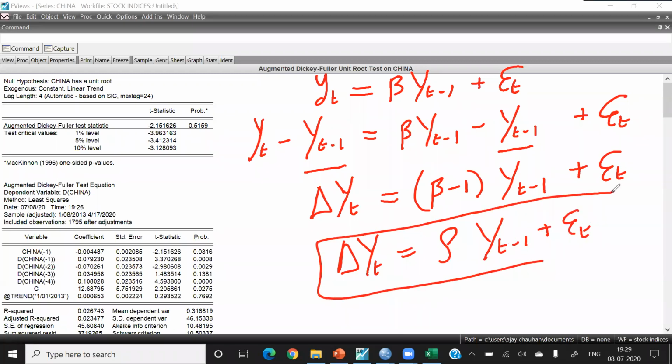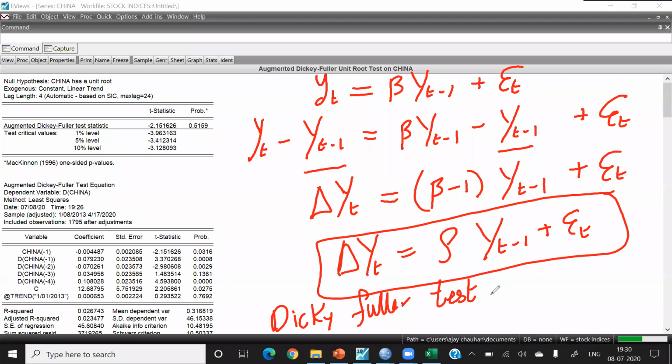You cannot believe that this equation is known as the Dickey-Fuller test. Dickey-Fuller became famous after giving this equation, and initially the null hypothesis is that rho is equal to 0, because whenever rho is equal to 0, beta is equal to 1.